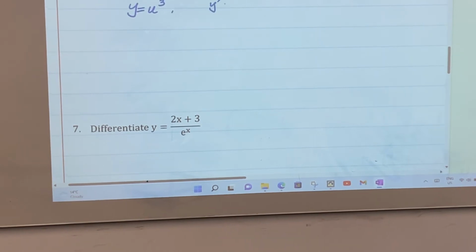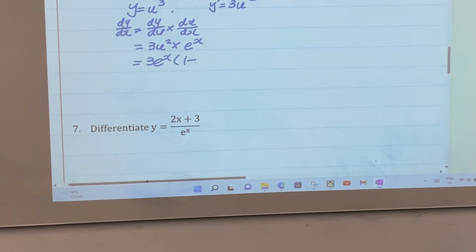What's y dash? 3u to the power 2. Now, dy dx is equal to dy du times du dx. What's dy du? It's 3u squared, and du dx is e to the power x. So the answer is 3 e to the power x, u copy down.